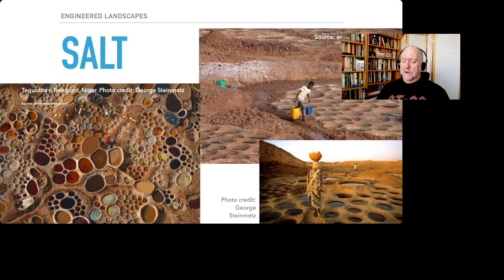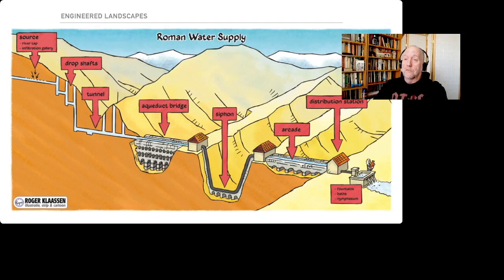So, is there much of a difference between what we've been discussing and the Roman water supply? They actually used siphons and pumps and tunnels and distribution centres to get water from where they found it, usually up in the hills from springs, which were most often rather pure water.